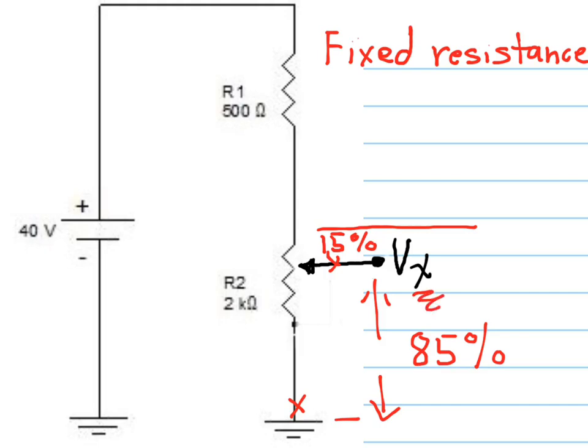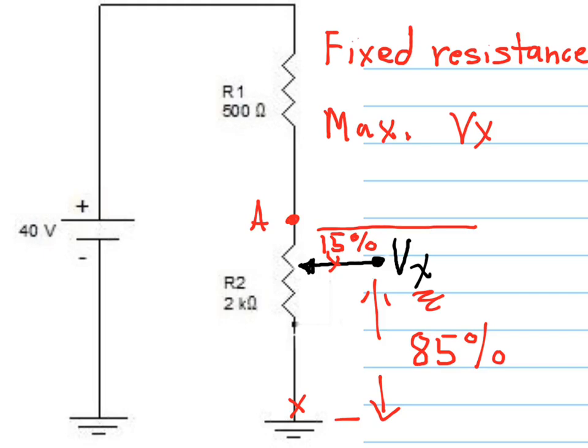So if you moved the wiper up to point A, then the voltage would be at a maximum value of Vx. Okay.